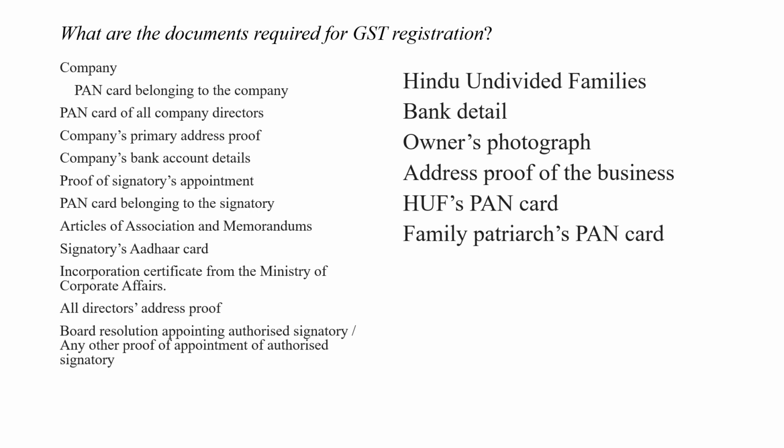For a company: PAN card belonging to the company, PAN cards of all company directors, the company's primary address proof, the company's bank account details, proof of signatory appointment, PAN card belonging to the signatory, articles of association and memorandum of association, signatory Aadhaar card, incorporation certificate from the Ministry of Corporate Affairs, all directors' address proof, board resolution appointing authorized signatory, and any other proof of appointment of authorized signatory.